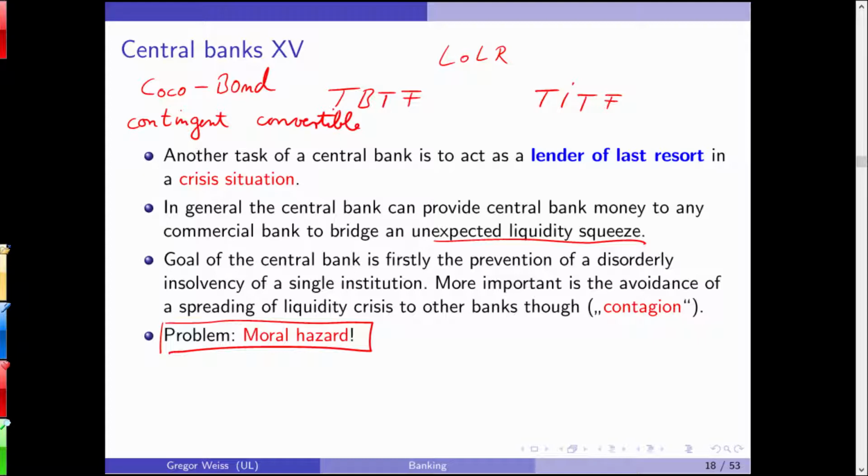So usually central banks will accept Coco Bonds as a part of the calculation of the minimum capital ratio. Although it's not yet equity, it will be included in the calculation of the regulatory capital. So this is one advantage for the bank as well.